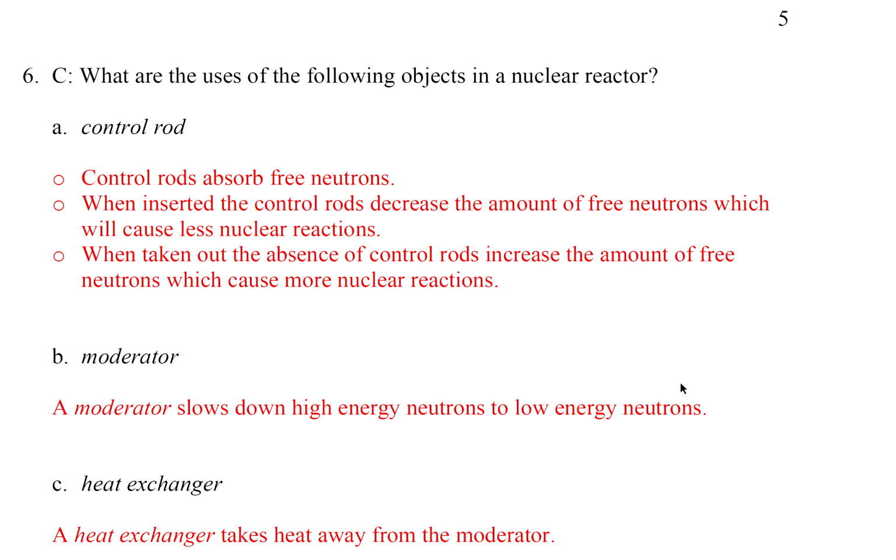Question 6. What are the uses of the following objects in a nuclear reactor? A control rod absorbs free neutrons. So when we insert the control rod, it decreases the amount of free neutrons, which causes less nuclear reactions. When taken out, we're going to get more nuclear reactions.